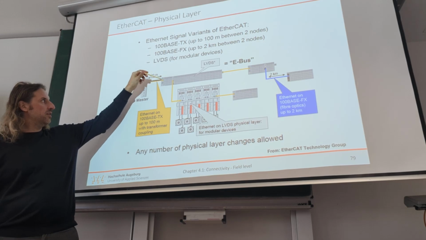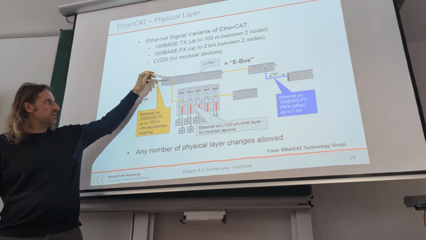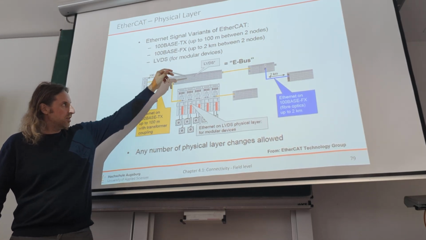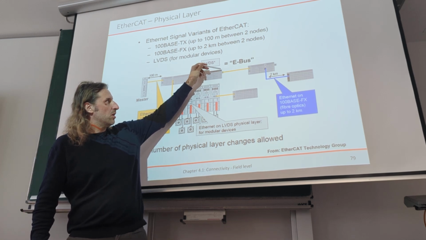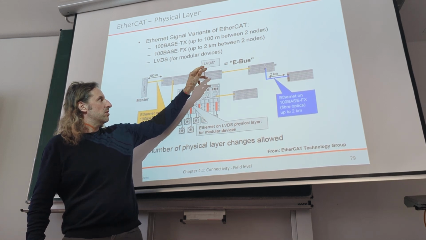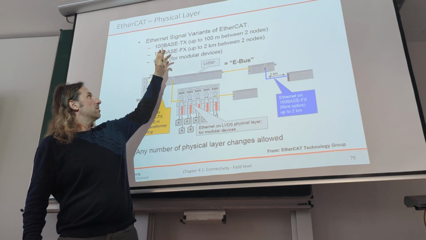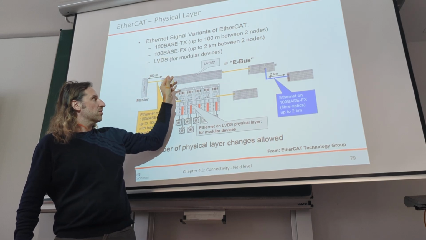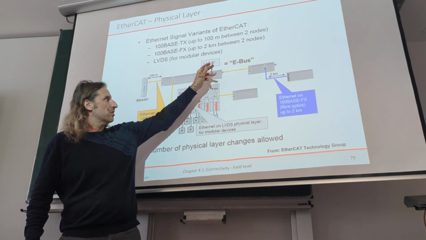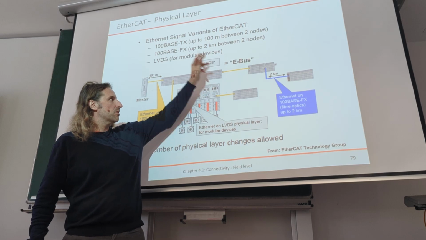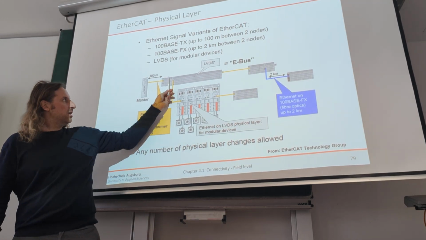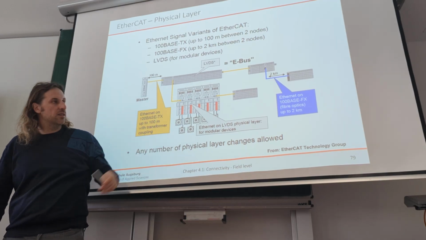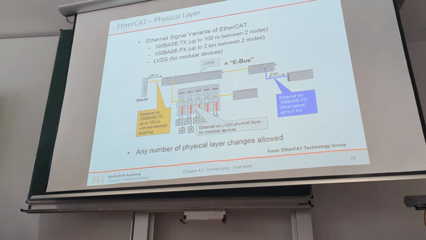So basically EtherCAT comes in and passes each and every device, and each and every device is singly addressable, and then the EtherCAT comes out. Here it's transferred from normal 100 base Ethernet to low voltage differential signal, and here it's transferred back to 100 base, and then you can connect the next device. But each and every card here is its own EtherCAT device.